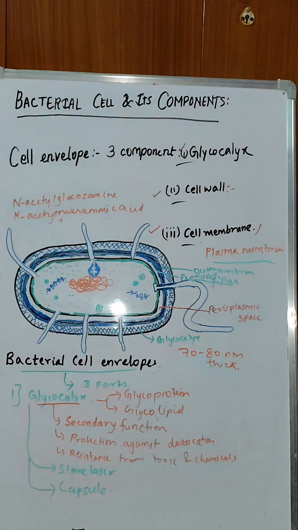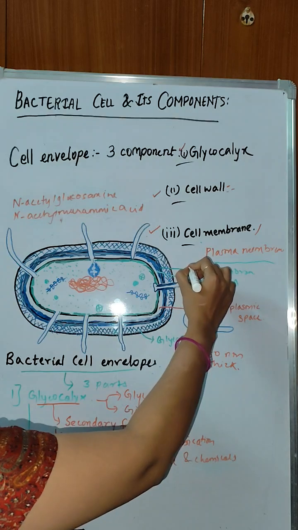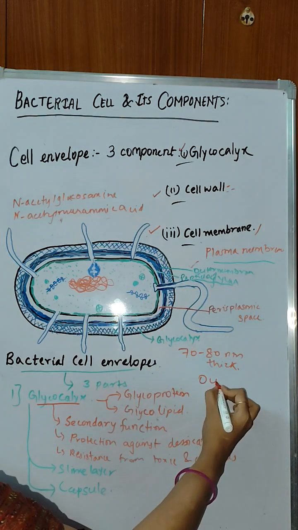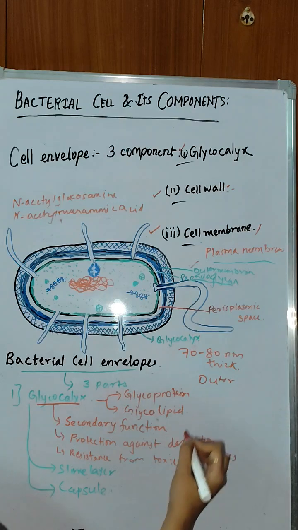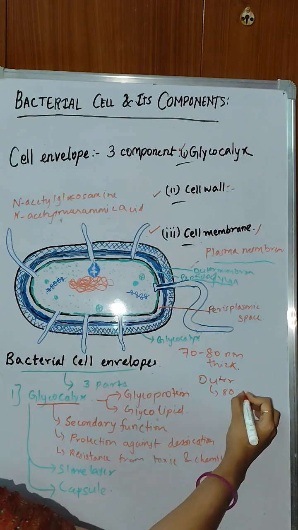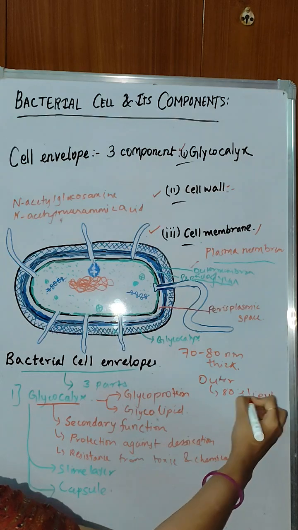So our cell wall is made up of peptidoglycan and outer membrane. Outer membrane mainly consists of protein and lipid. In gram-negative bacteria it is made up of about 80% lipid.